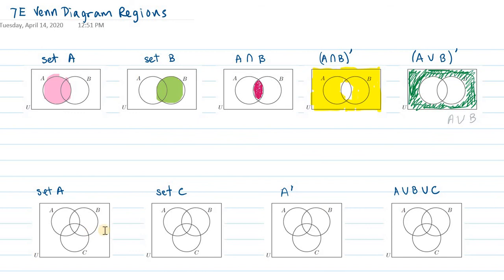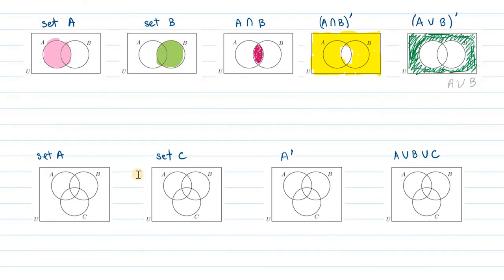If we go to the sets of triples, the same principles follow. It's just that we now have three sets. So for set A, we would still just be shading in everything that's inside A. So it's just that A circle. If we wanted set C, it would just be everything that was inside the circle of C. If we want everything that's not A, take a look at this first example.